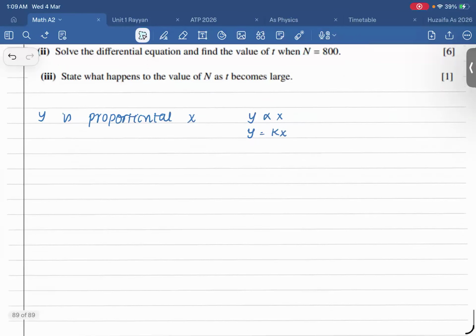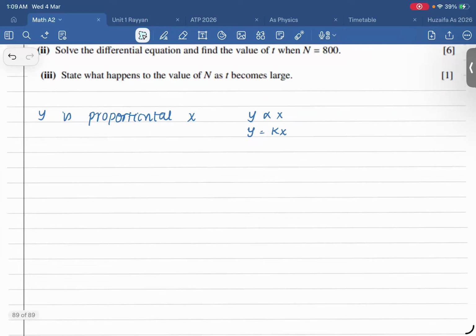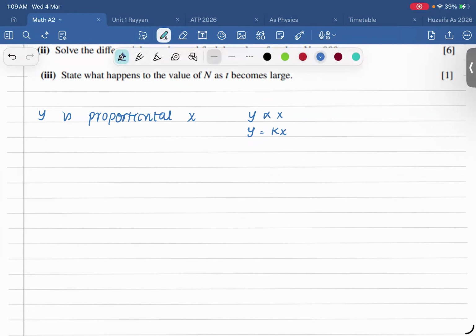Now the other type is if they're saying the rate of change of y is proportional to x.